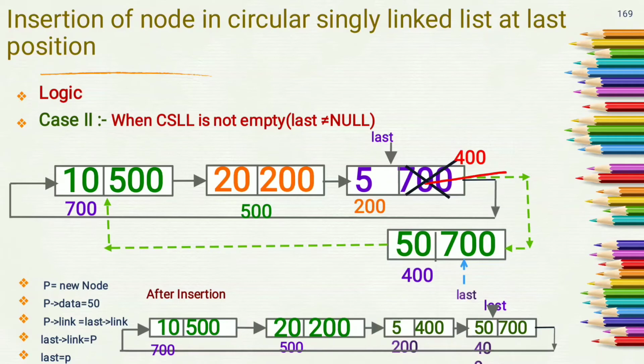So this node is pointing to this node and this node is pointing to first node. So after insertion, circular singly linked list contains 4 nodes. First node having value 10, second having value 20, third node having value 5 and fourth node having value 50, and last points to this new node. In this way we insert a node at last position in circular singly linked list.